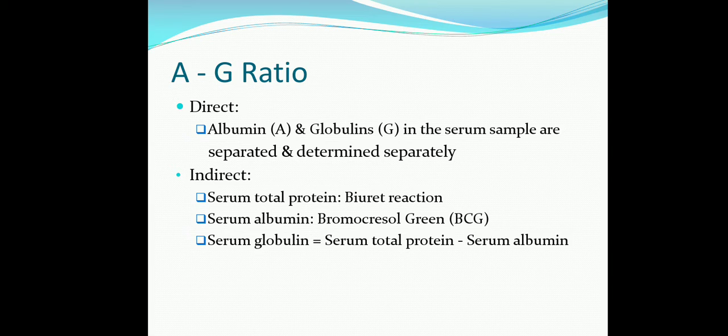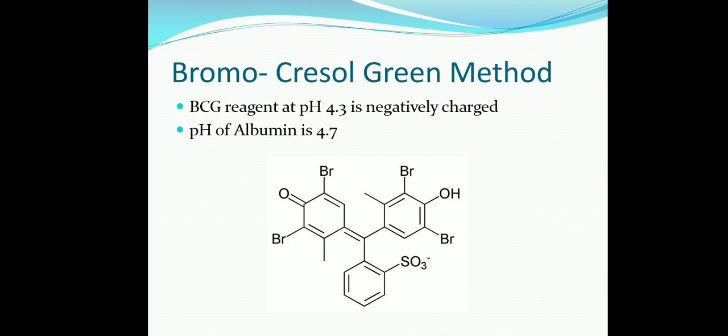Serum globulin is equal to serum total protein minus serum albumin. This is the indirect method. In the bromocresol green method, the BCG dye reagent at pH 4.3 is negatively charged. The pI of albumin is 4.7.